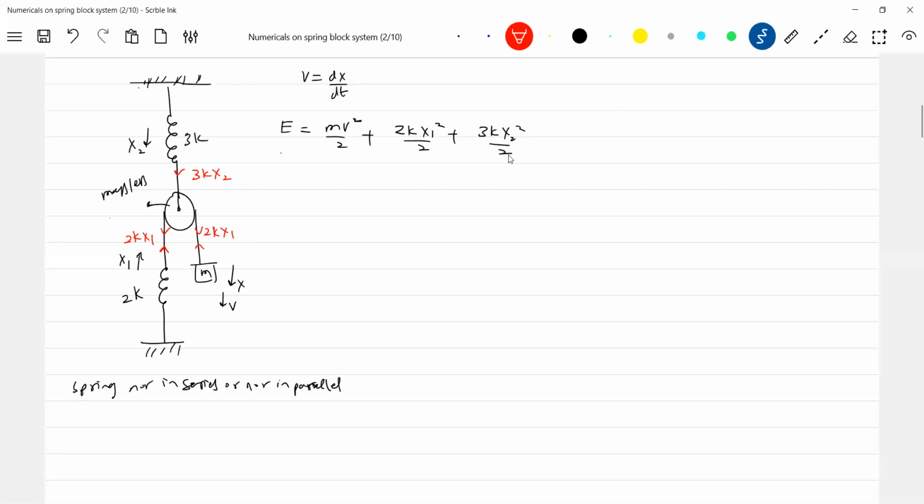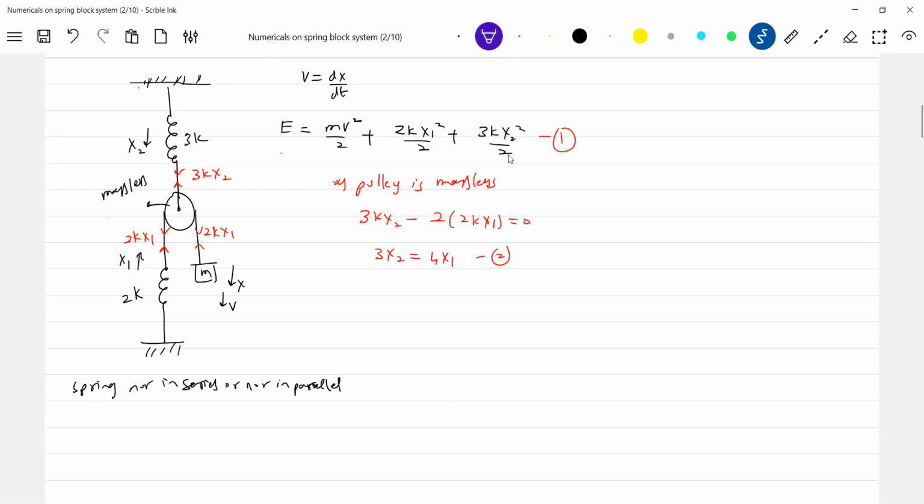The pulley is massless, so the net force on it should be zero. Okay, again you may get confused. As the pulley is massless, therefore 3k x2 minus 2 into 2k x1 equals 0. Therefore 3x2 is equal to 4x1. Okay, this is equation 1.